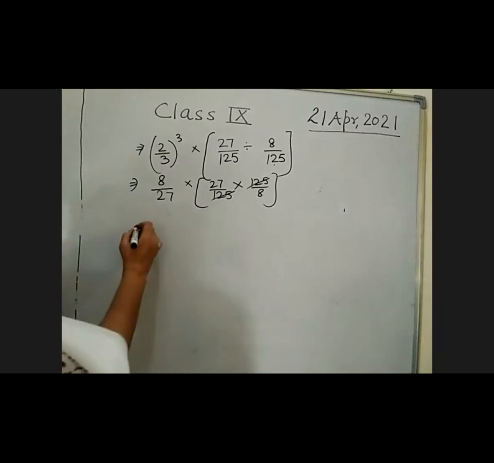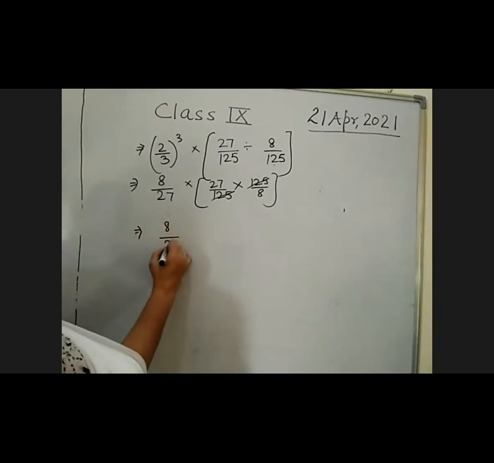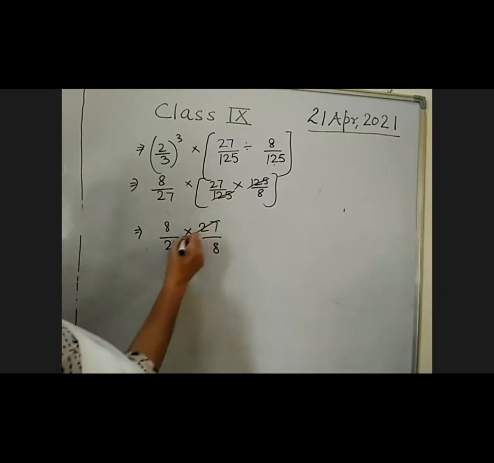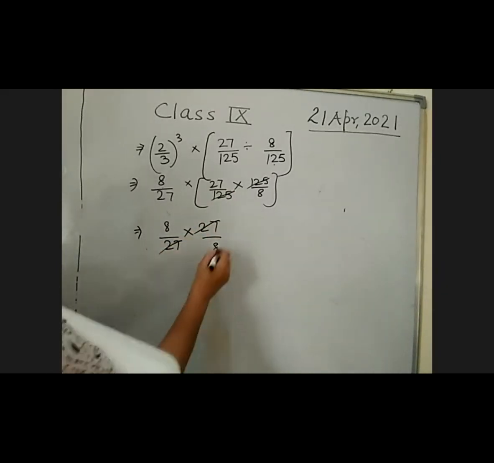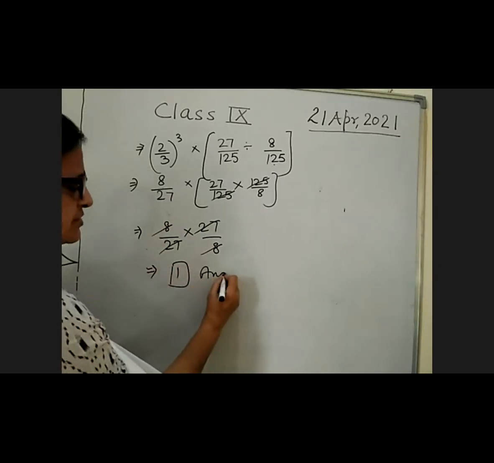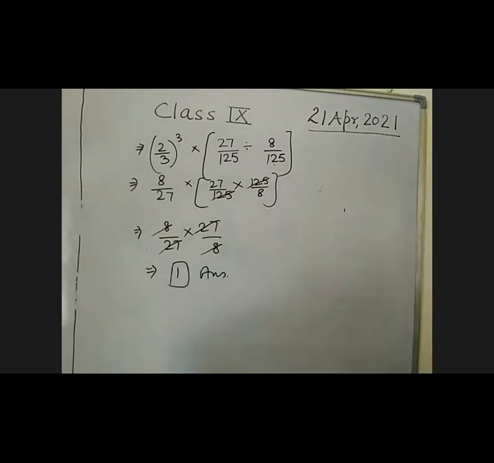Now your next step is 8 upon 27 multiply 27 upon 8. Cancel 27 by 27 and 8 by 8. Your answer in this question is equal to 1.